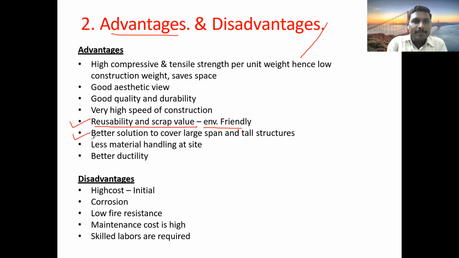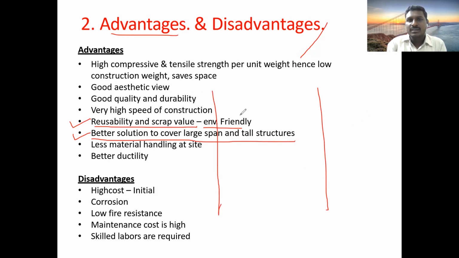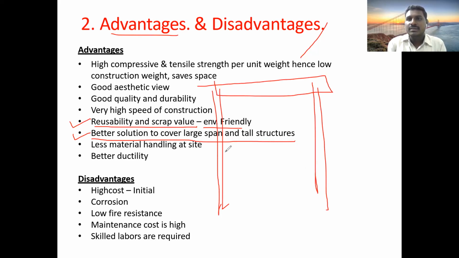Then next, a better solution to cover large spans and tall structures. Very tall structures with greater span. The span between two supports we can keep greater in the steel structure only. That is not possible in the RCC structure.